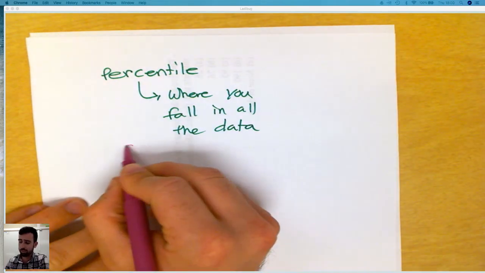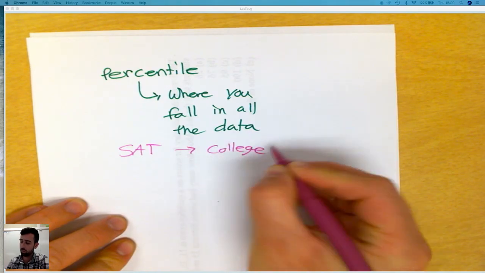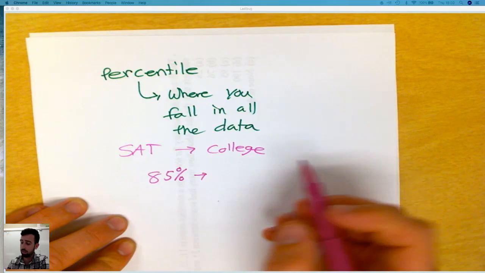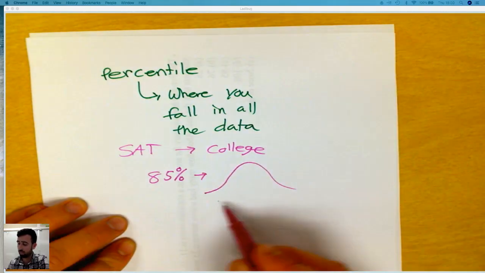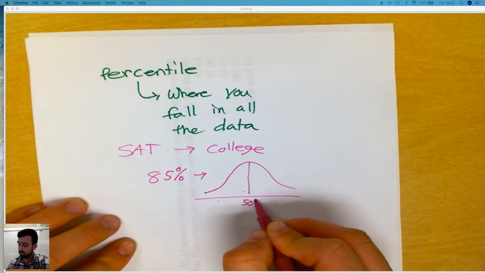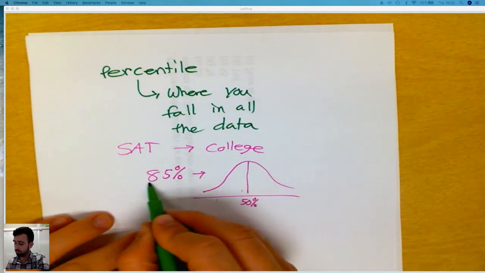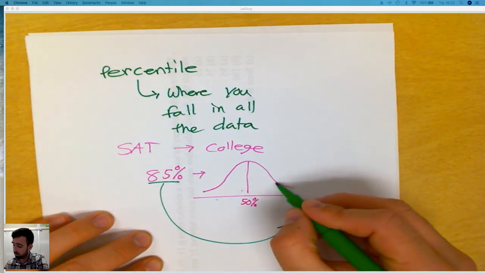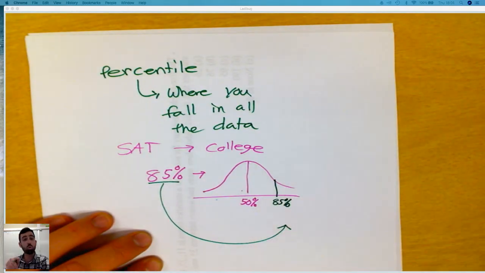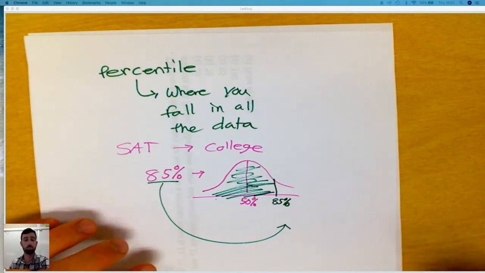A lot of percentiles are used on the SAT for college. So if you fall in the 85th percentile, that means, and we'll get to the normal curve in chapter 3, if this is the 50th percentile, your 85th percentile is over here. So you scored better than 85% of the people.